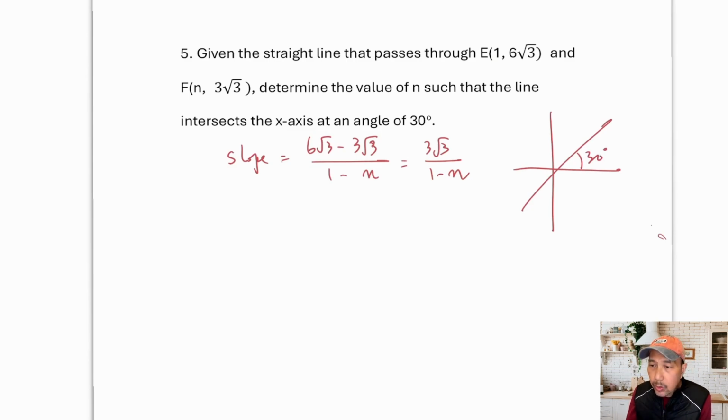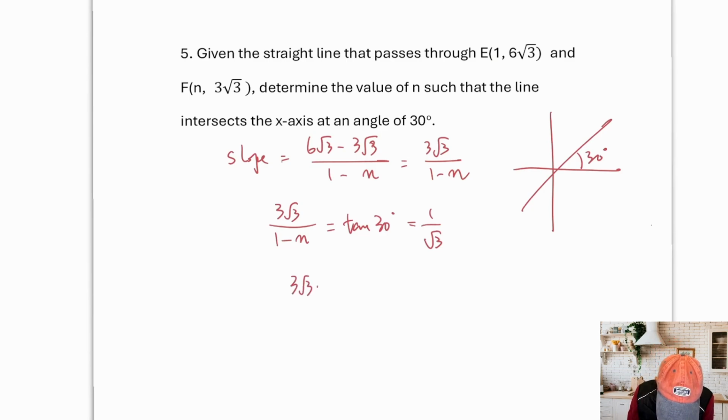So 30 degrees is the inclination. So the slope 3√3 over 1 minus n is equal to tangent 30 degrees. Tangent 30 degrees is equal to 1 over √3. To simplify these equations, we do the cross multiplication. So 3√3 times √3 is equal to 1 minus n, and then 9 is equal to 1 minus n, and then n is 1 minus 9, that is equal to negative 8.